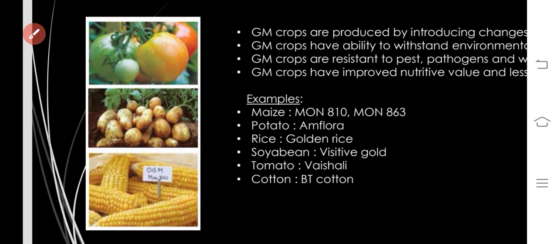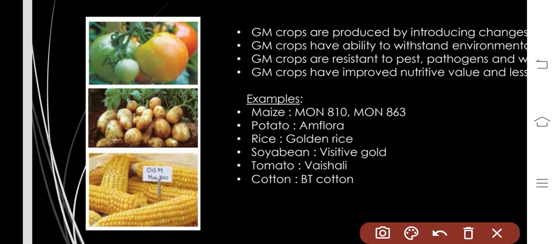Now let us begin. With the help of biotechnology, we have new varieties of plants known as genetically modified plants, genetically modified crops. By introducing the changes which we want in the desired fruit, we can have new GM crops.